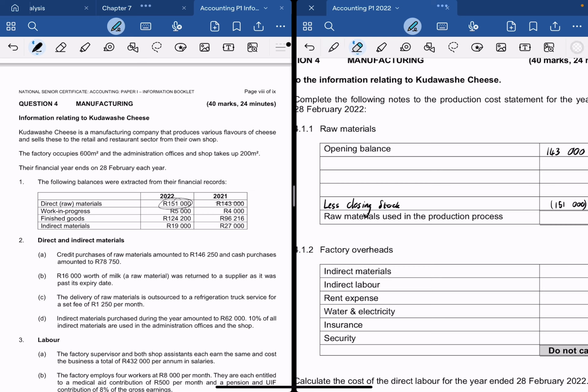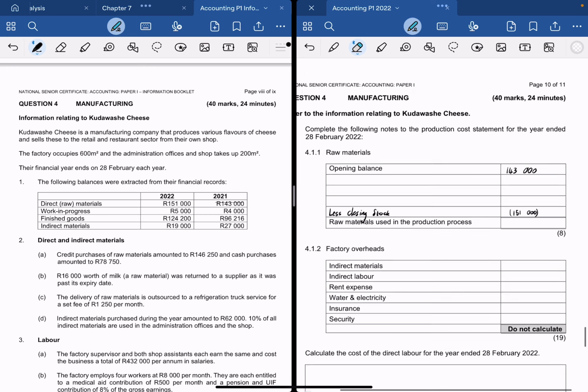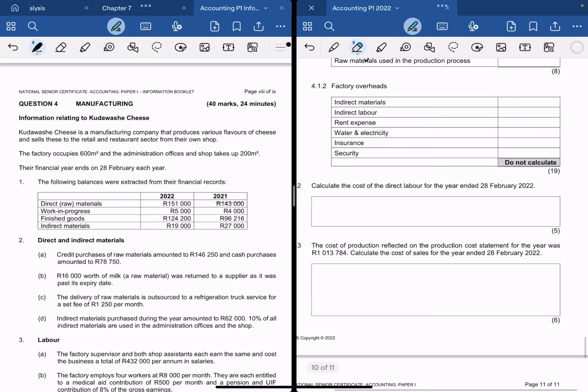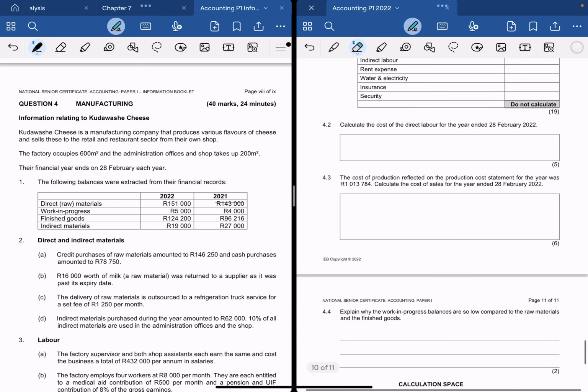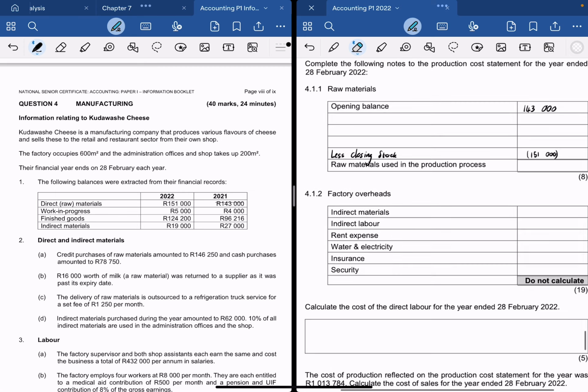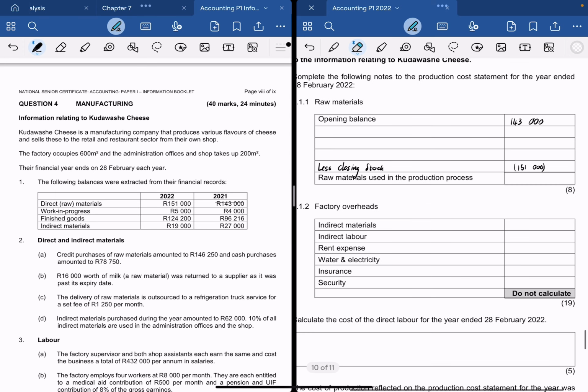Let's just go. And then I think we could start reading information now. It doesn't look like there's a work in progress note here, so we don't have to worry about that. Don't have to put in those balances just yet. Let's just see. Okay.